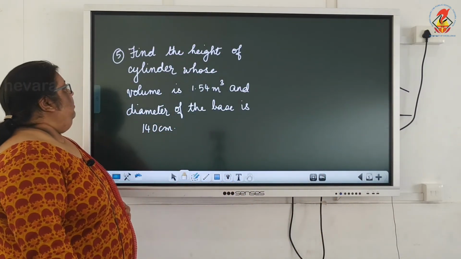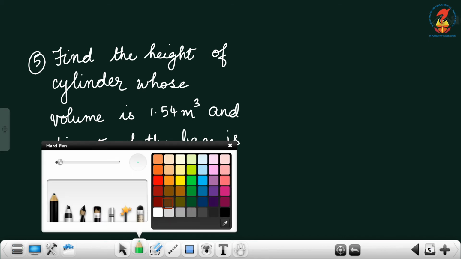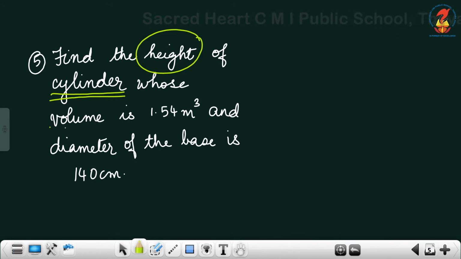Next question. Find the height of the cylinder whose volume is 1.54 meter cube and diameter of the base is 140 centimeter. You need to find the height of which solid shape? Cylinder. What all information is given?